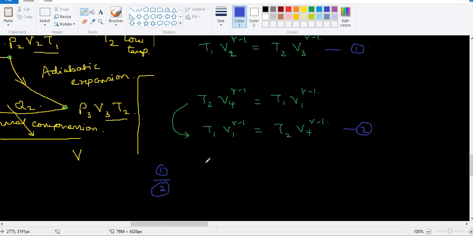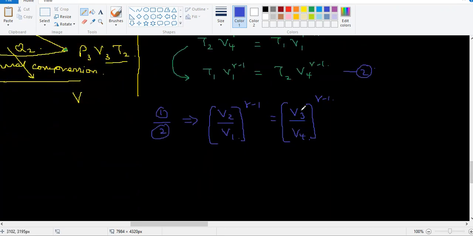So what is left is (V2 by V1) whole power gamma minus 1. Here I will get (V3 by V4) whole power gamma minus 1. This goes without saying that if the powers are the same, whatever is inside the bracket should also be the same.